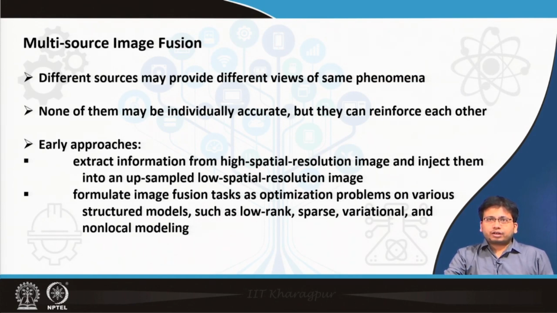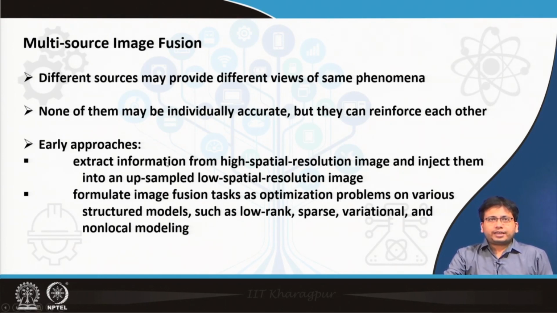Even if the resolutions are the same, if different technologies are used, then the measurements of the quantity that we are interested in may be different in different cases. So, we can say that none of them are individually accurate, but if we take an ensemble of these images, they can reinforce each other so that we can reach some kind of consensus which will be accurate. It is somewhat like the idea of ensemble classification in machine learning.